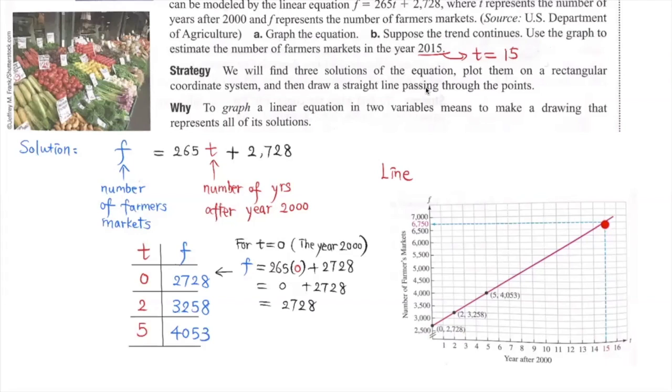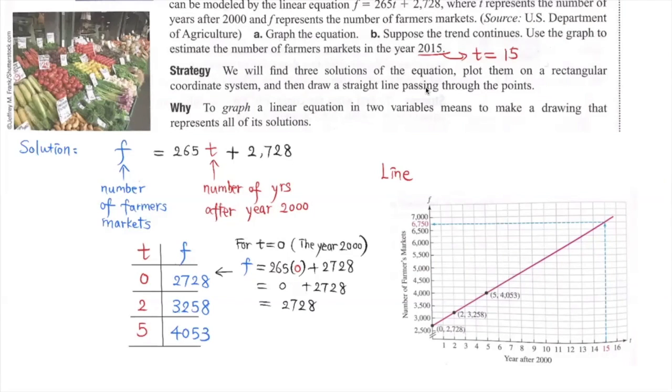We look to the side and see the number of farmers markets is about 6,750. So we predict that in the year 2015, the number of farmers markets will be about 6,750. If the trend continues, then we can actually predict what's happening in the future.